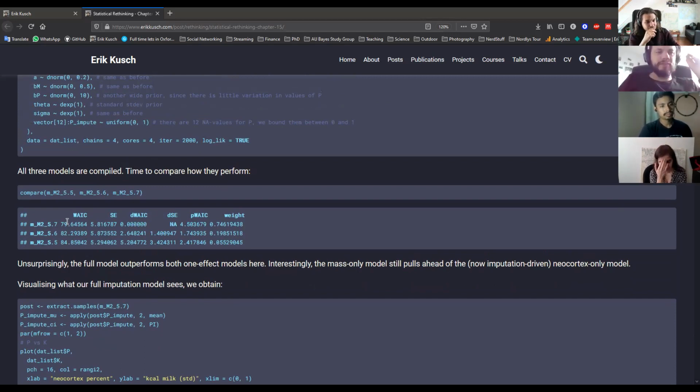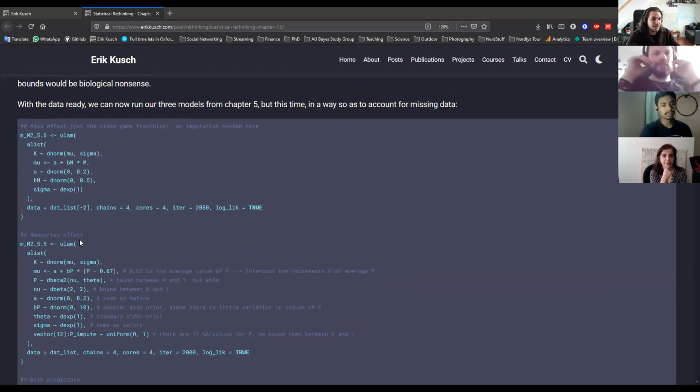So in the ones where you don't impute, do you drop the data points, right? Yes. Right here, the data points are automatically dropped, and all I needed to do to achieve that was just to remove the P slot from the data list.